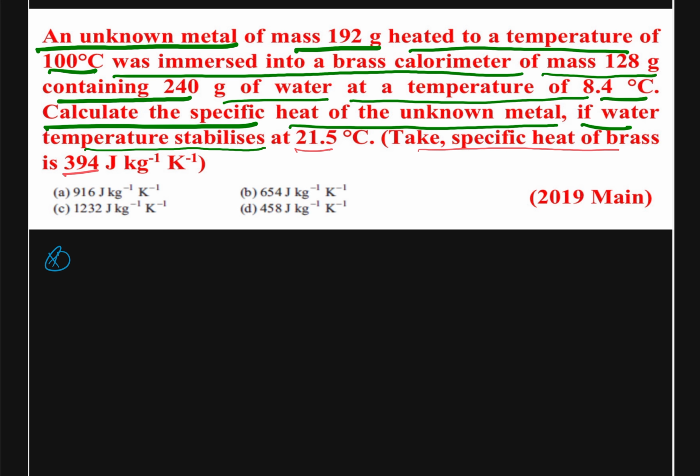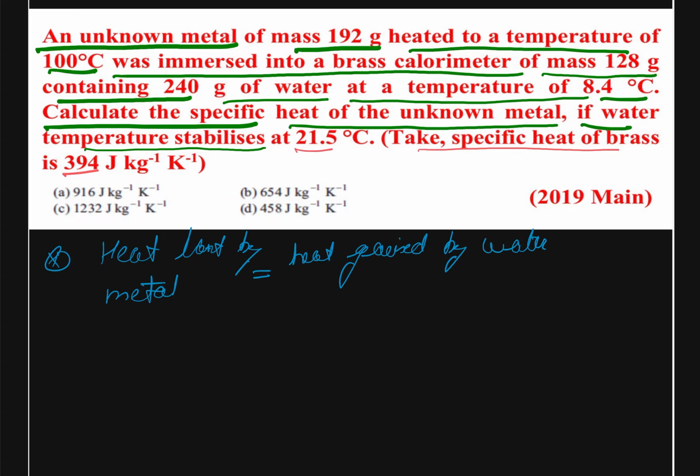So we can say heat lost by metal is equal to heat gained by water and calorimeter.